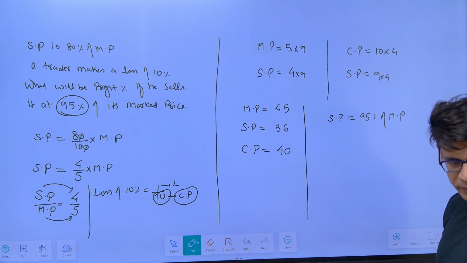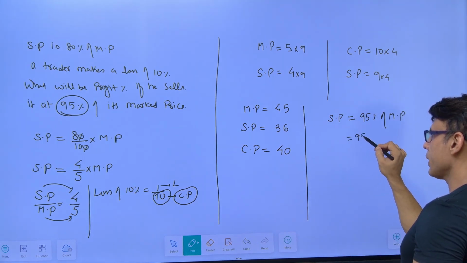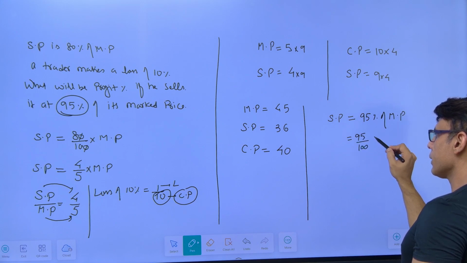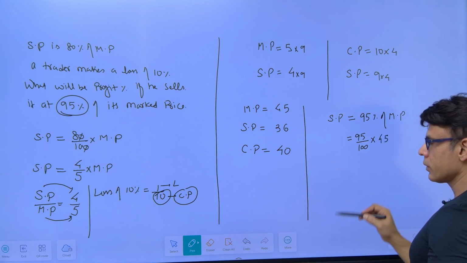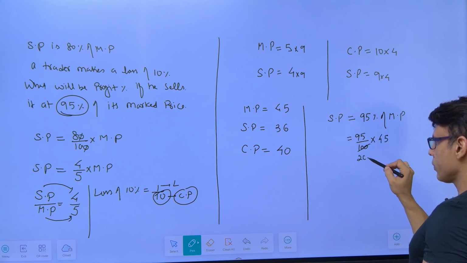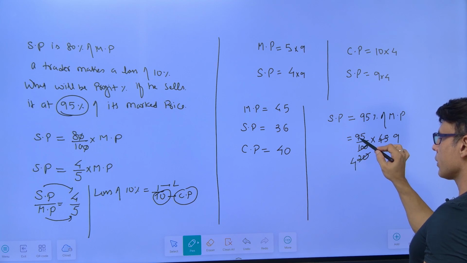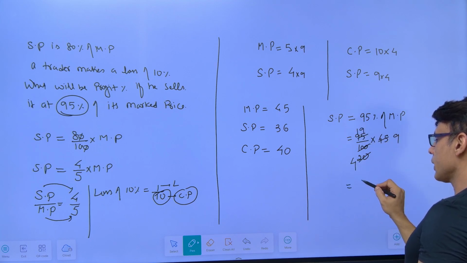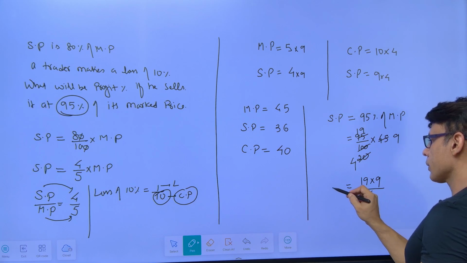See, remember cost price will remain the same. So this is 95 by 100, and what is your mark price? 45. 5 20s are 100, 5 9s are 45, 5 4s are 20, 5 19s. So what is the selling price? 19 into 9 by 4.